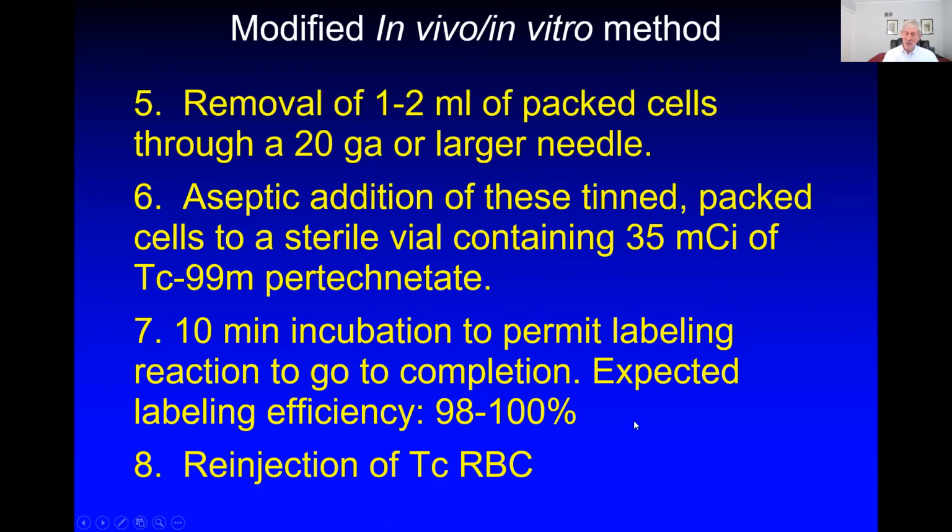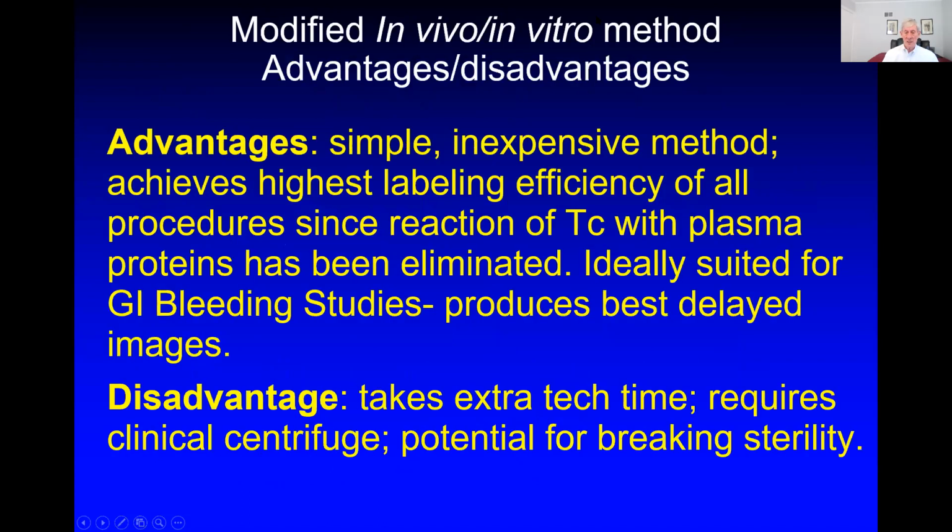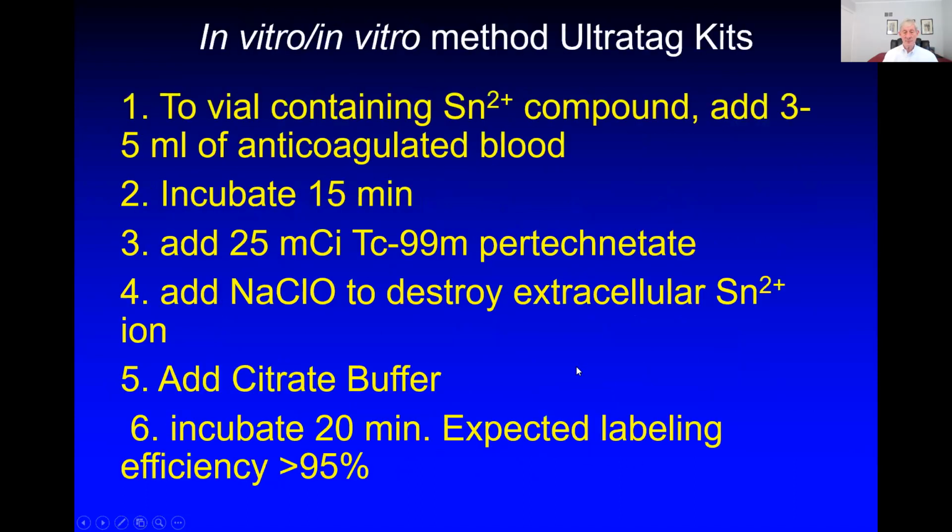After 10 minutes, the reaction has gone to completion, 100% basically, and we just re-inject 25 millicuries of those cells. So this is labeling packed tinned cells following a centrifugation procedure. Again, quick, simple, and inexpensive. Yes, it takes an extra 5 minutes and you have to have a centrifuge, but hospitals have lots of centrifuges.